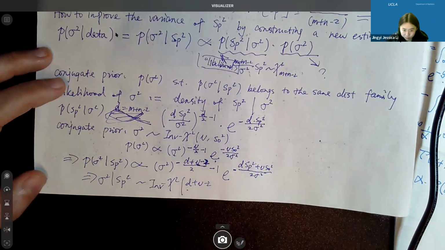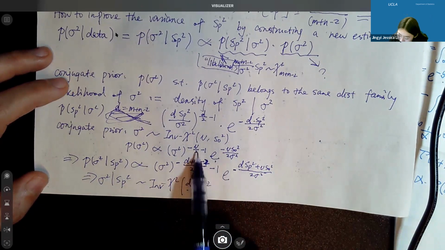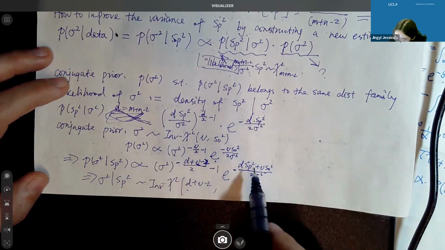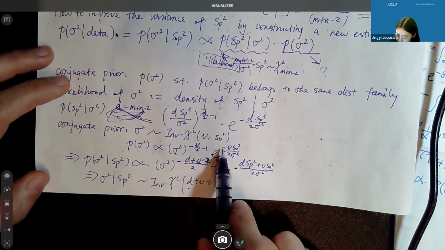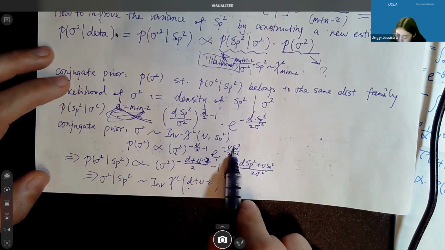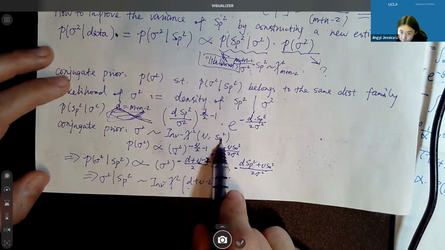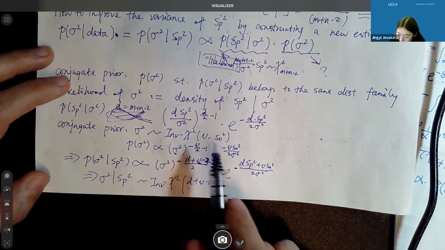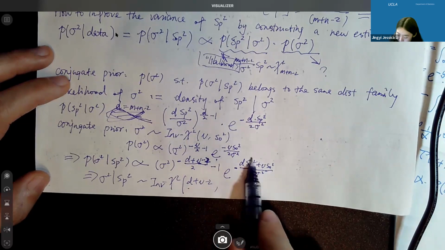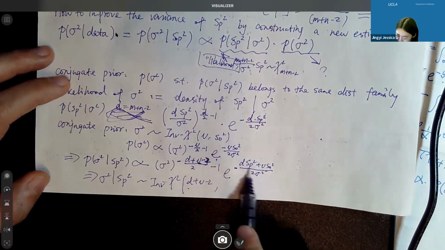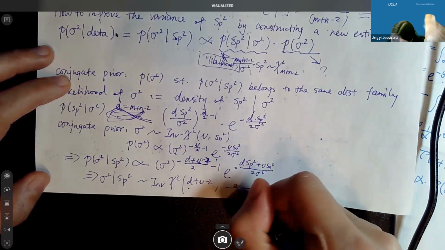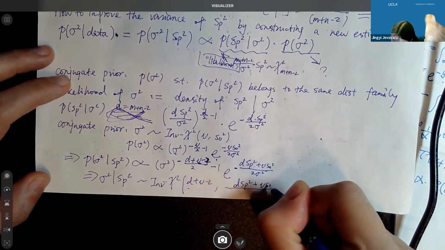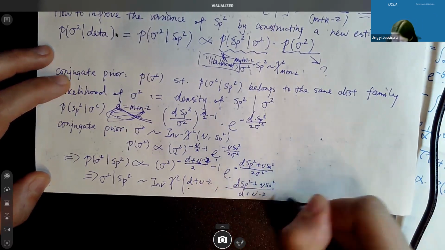That should be the first parameter for the inverse chi-square by comparing this to this. Now I know the numerator of the exponential function, ignoring the negative sign, should be equal to the product of the two parameters of inverse chi-square. So the second parameter should be equal to this divided by this, which is d sp squared plus v s0 squared, divided by d plus v minus 2.